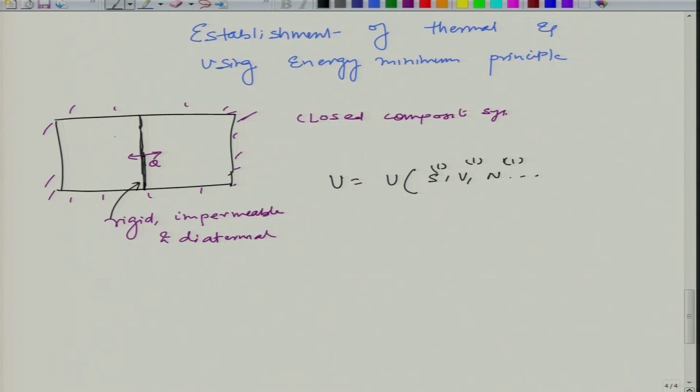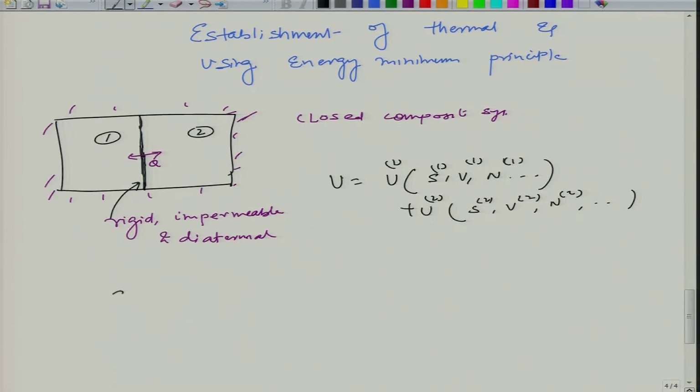So, the 1 stands for the first compartment, 2 for the second compartment, okay, and this plus U of the second one, S2, and similarly for the V and N. So, what we know is that total volume and number of moles, these are constant and known. So, total energy is fixed, okay, and in the initial stage S1 and S2 can change because of the heat exchange. Okay.